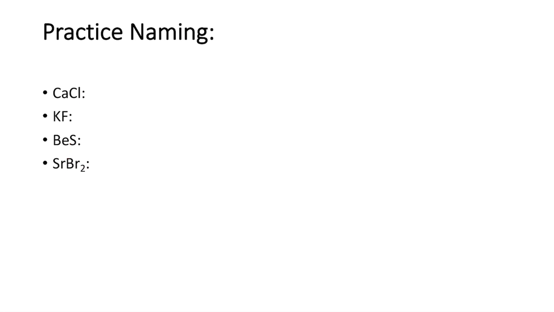So Ca on our periodic table represents calcium, and then Cl, sorry, it's chlorine on the periodic table.